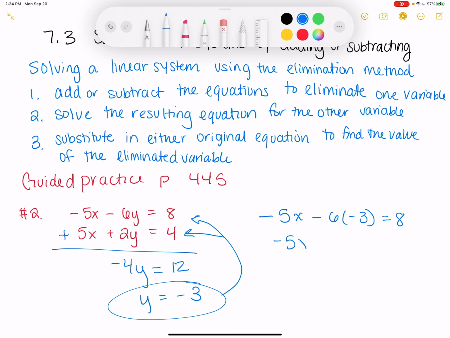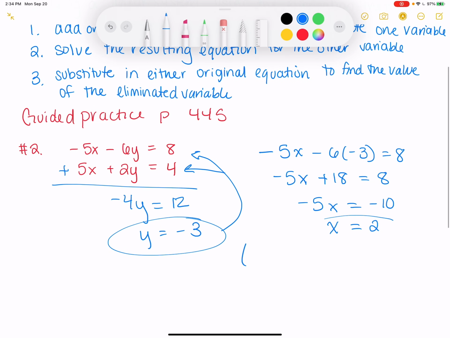So negative 5x, and then negative 6 times negative 3 is positive 18 is equal to 8. So I can subtract the 18. So negative 5x is equal to 8 minus 18 is going to be negative 10. And then divide by negative 5, so x is equal to 2. Our answers are still written as an ordered pair. So in this case, it's going to be 2, negative 3.